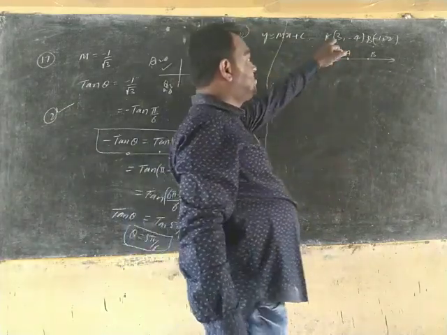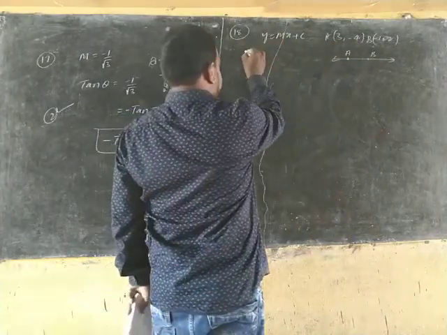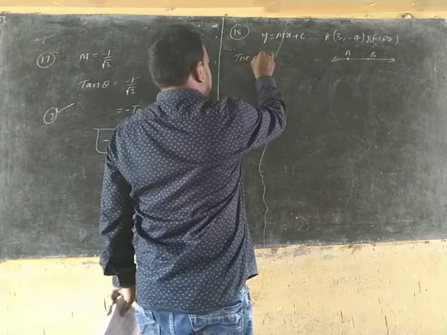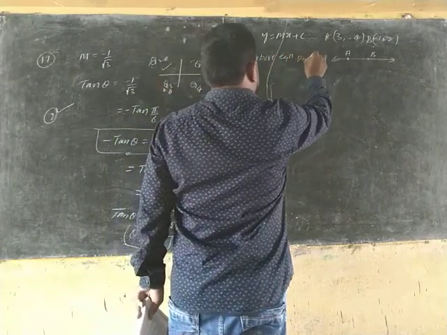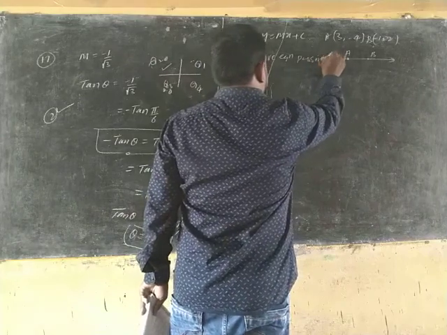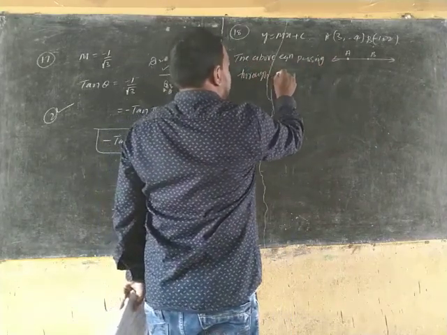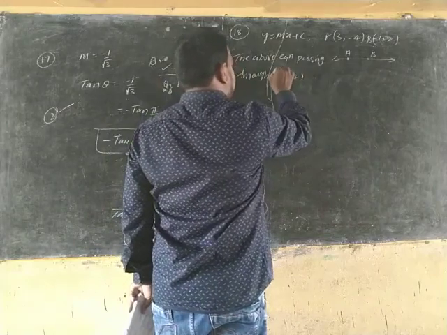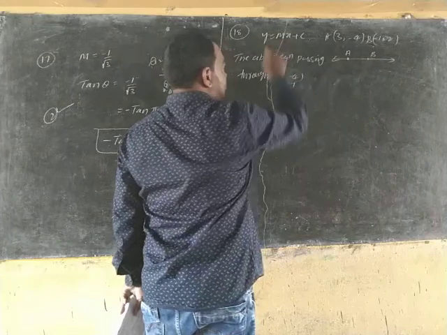So you substitute A (3, minus 4) in this equation. So the above equation is passing through the point A (3, minus 4). This is the x, this is the y, you substitute here.